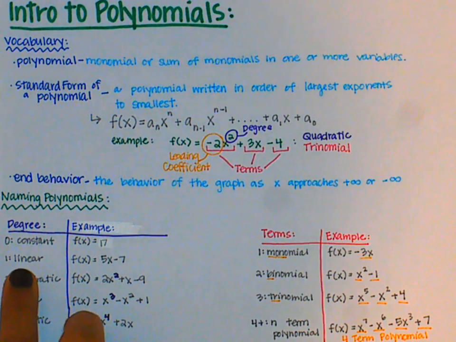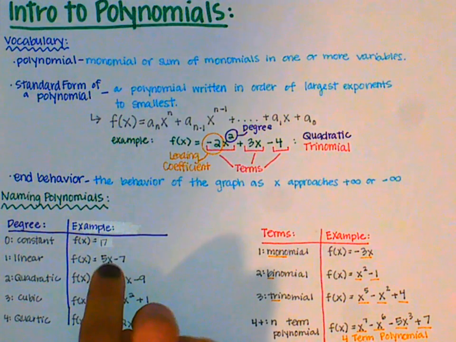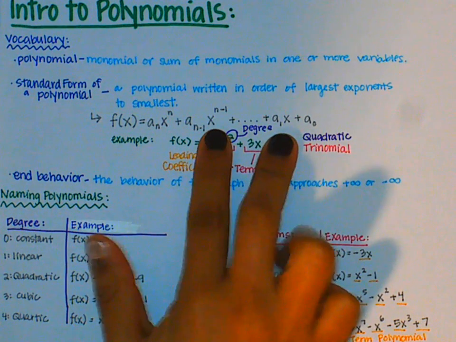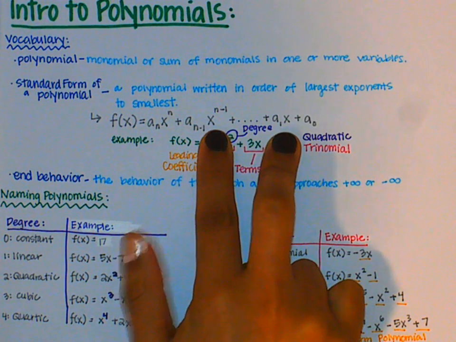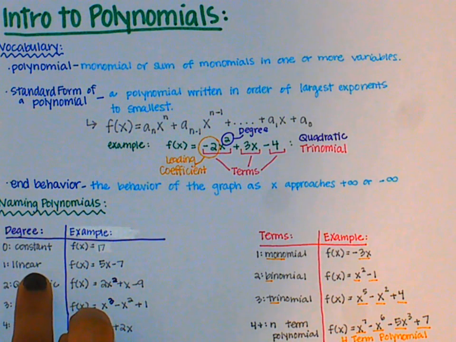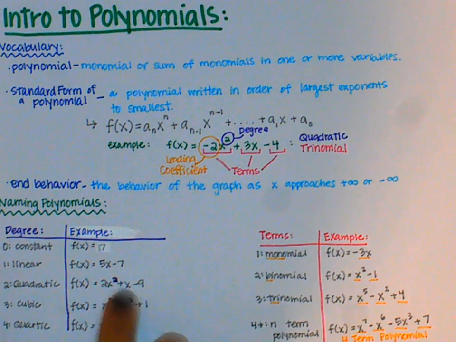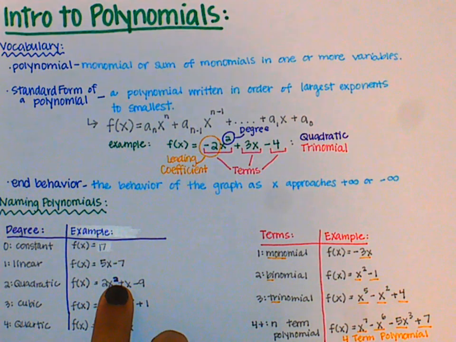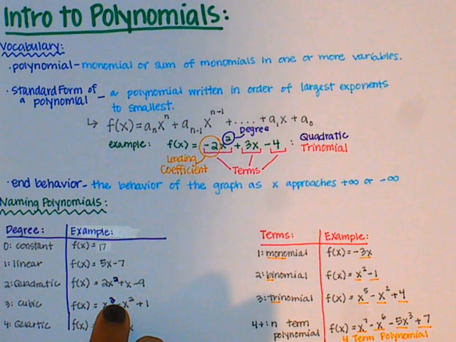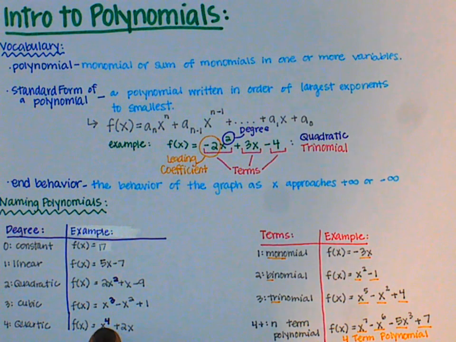You have a linear when you have a variable with an exponent of 1. That would be like this 3x. Your exponent is 1, which makes it a linear. You have a quadratic when you have an exponent of 2, and here I did it in that purple so it can match. 3 is a cubic, meaning that the exponent is a 3. 4 is considered a quartic, meaning the exponent is 4.